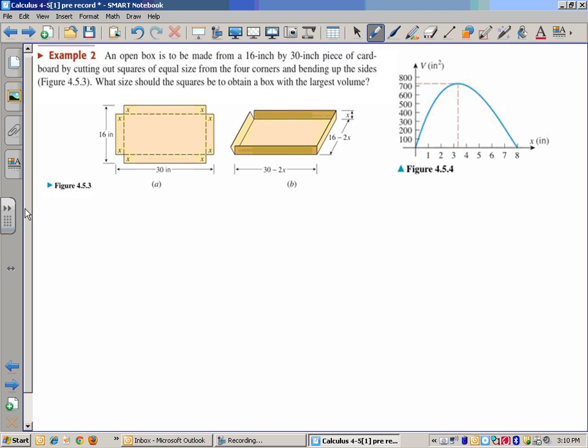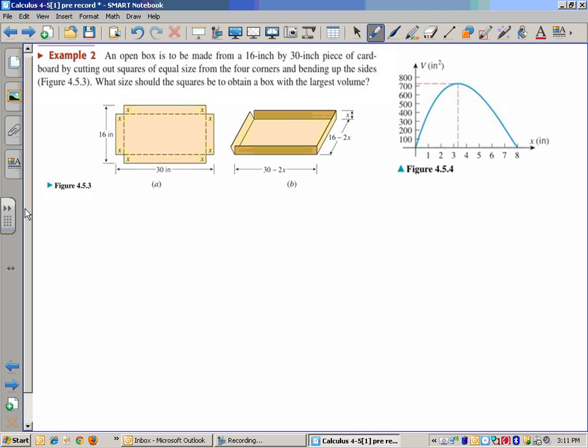And then we're going to fold up those edges till they're connected, and we're going to have a box. So the center picture, or figure B, shows you that when you fold up those edges, you're actually going to get the height of your box, okay? So now, at this point in time, we're going to read the problem, and then I'm going to have you pause it. So let's read it together.